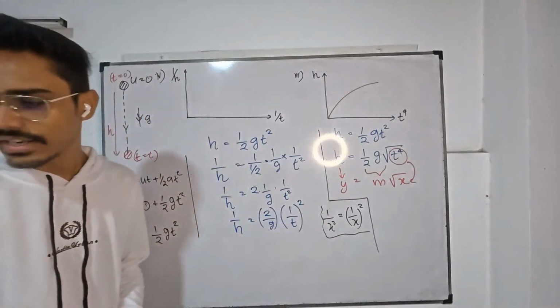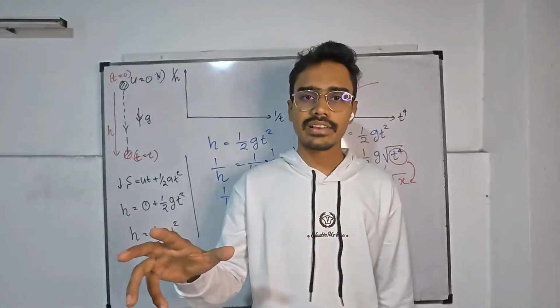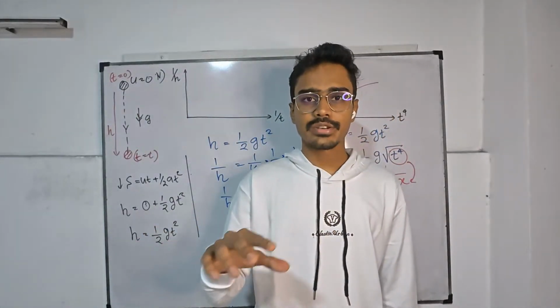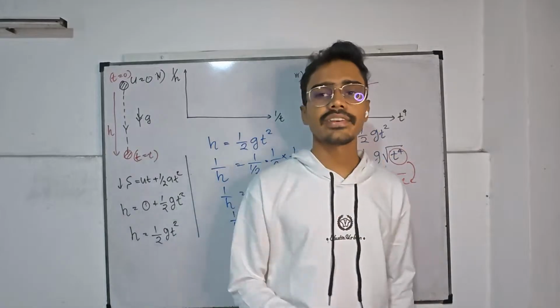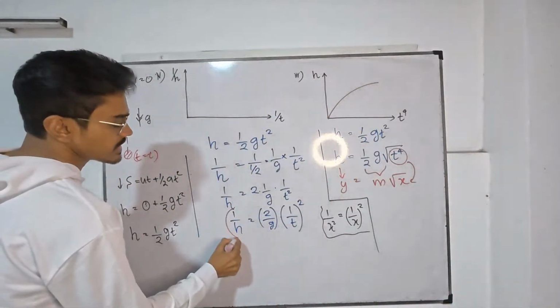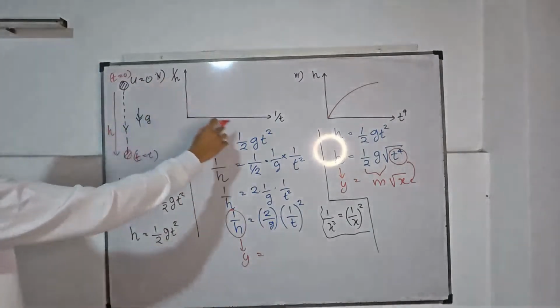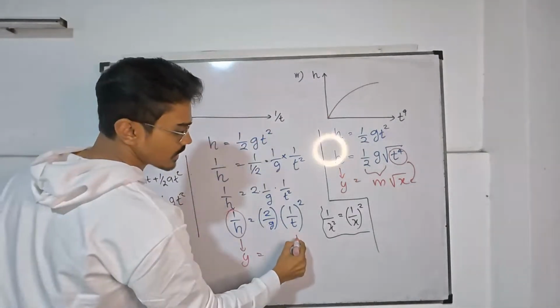Now my requirement is satisfied. I have finished modeling the equation. Now I have taken the equation to the standard shape. Now identify variables. 1 over h is y, and 1 over t is x.